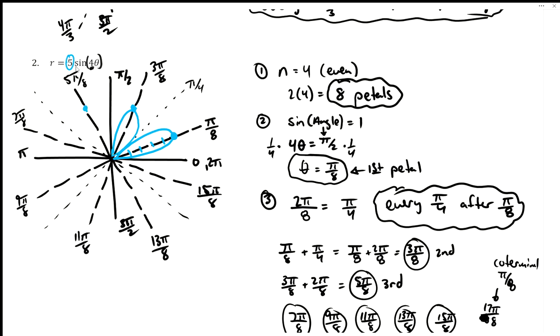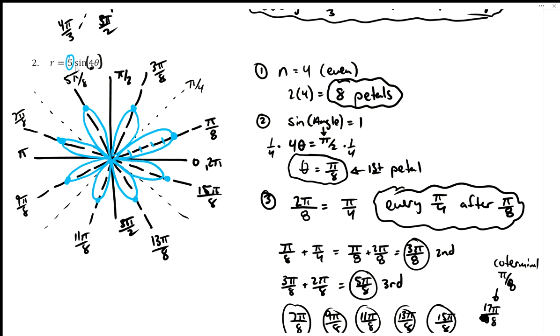Then my next one is about here, and the next one maybe about here. Then 4 more, and it should have nice symmetry to it. Mine's not looking the best, but it's as good as we can get on a computer with the tools that I have. And then the last one.